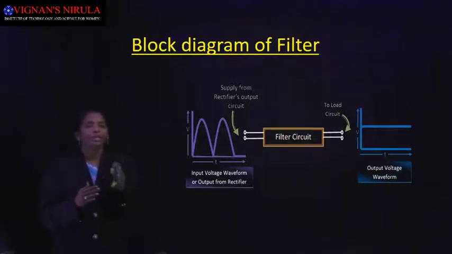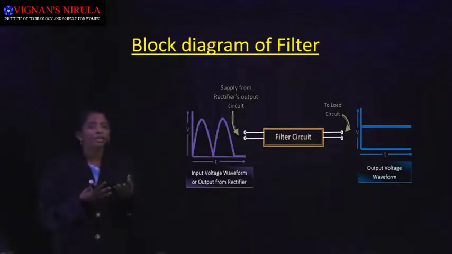Here we know the general function of a filter circuit. What is the function of a filter? It removes unwanted components. In this chapter, in this filter circuit, we want the DC component only. We don't want the AC component.